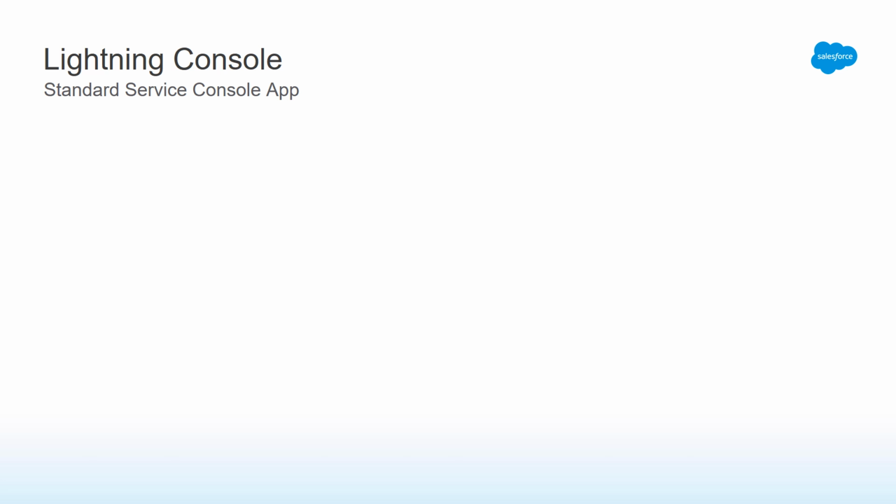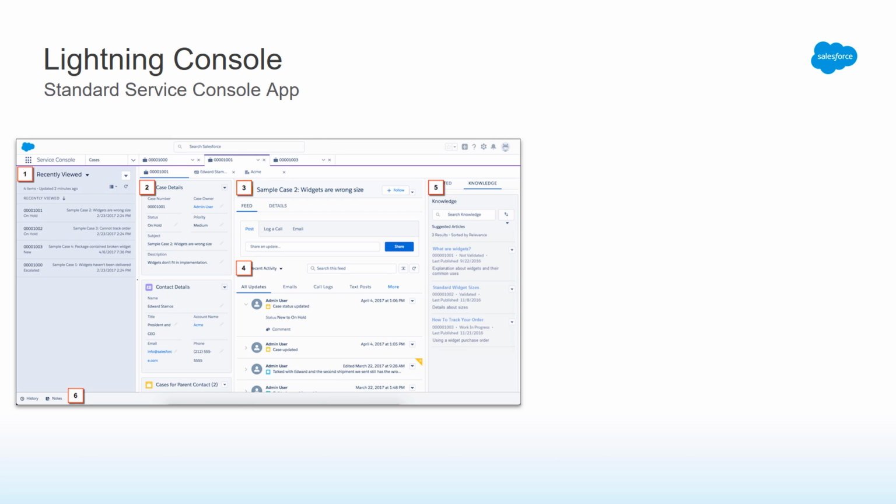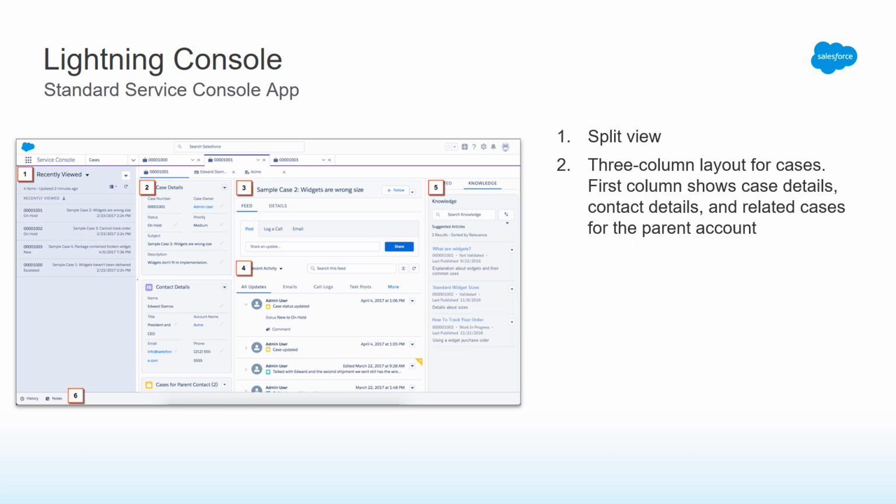In a standard Service Console app, Split View shows a list view at the same time as your workspace tabs and subtabs, letting you work quickly through cases. It also includes a pre-configured navigation-friendly 3-column layout for cases. In the first column, you can see case details, contact details, and related cases for the parent account.